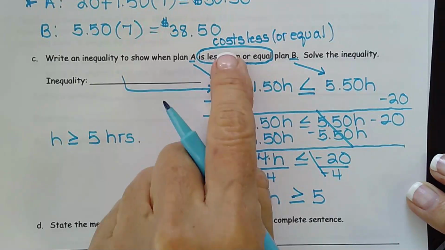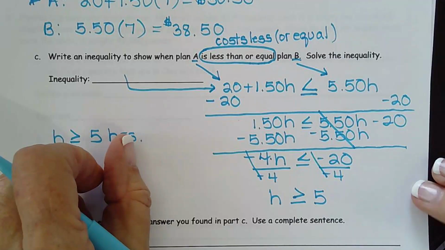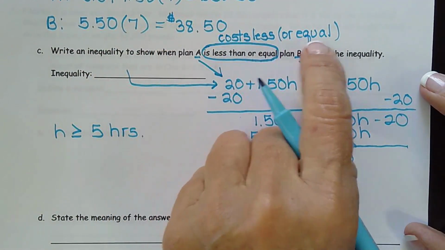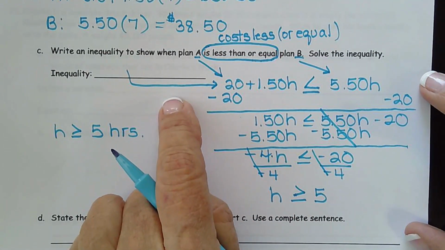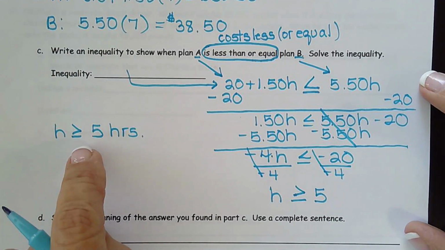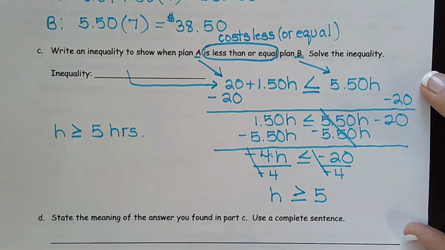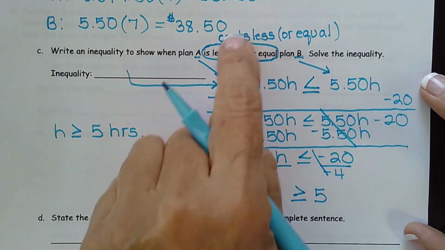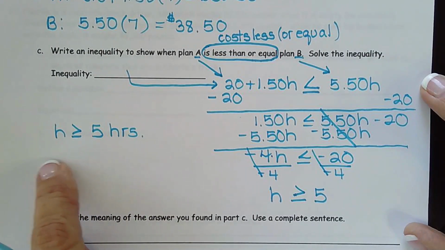So cost is a better word for this one than less than or equal to. So plan A costs less or is equal to plan B when the number of hours is greater than or equal to 5 hours. So you don't even have to make up your own words. Sometimes you can make this sound a little prettier. You just reiterate the problem and the answer.